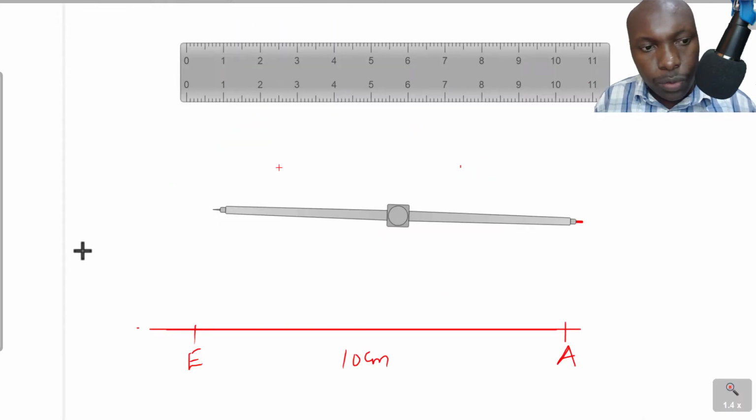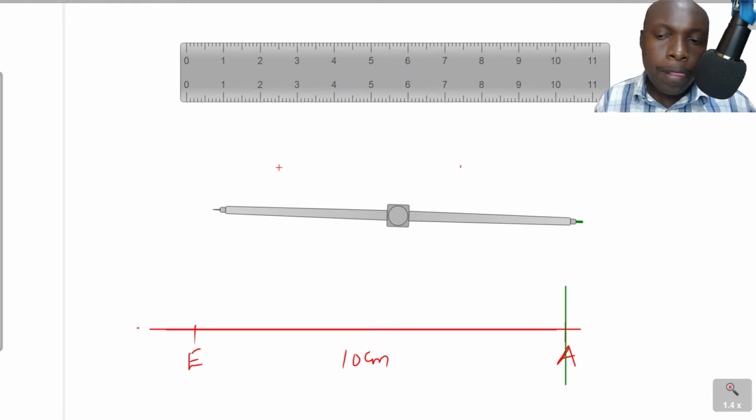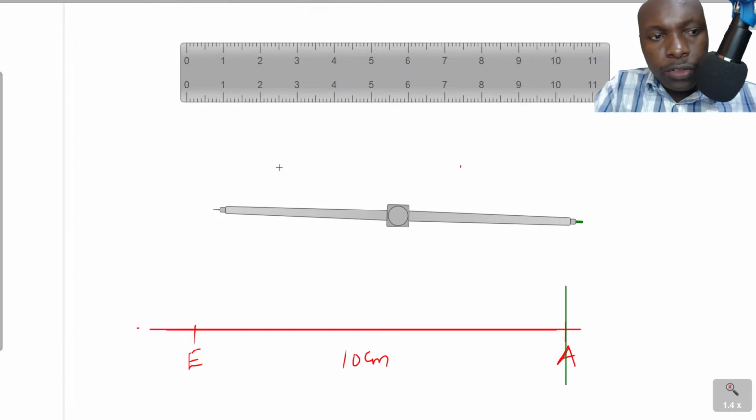So I'll have to once again... now my tools are able to construct a straight line that will be 90 degrees.